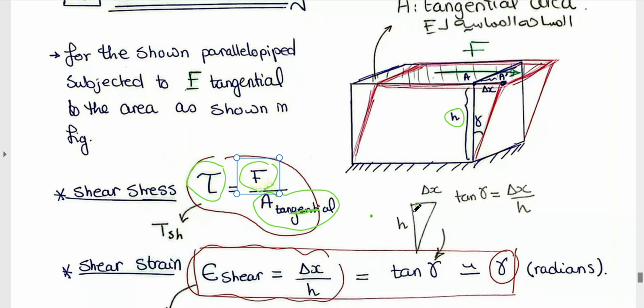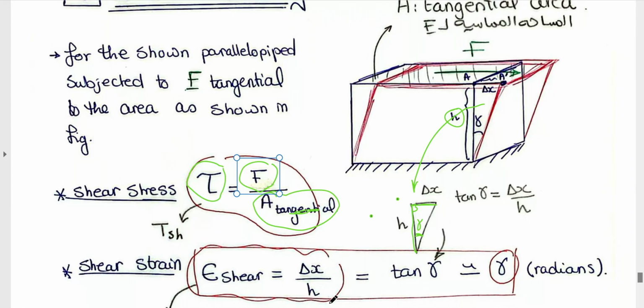From trigonometry, if you concentrate on this triangle, this side is delta X and this side is H. I will name this angle gamma. Tan gamma from this triangle is delta X over H.